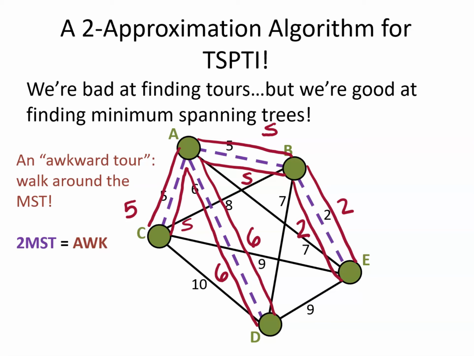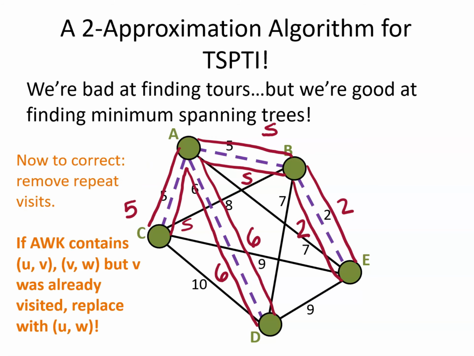Next, what we're going to do is correct our tour. That is, we're going to go around the tour that we've created, and every single time we're going to visit a vertex that we've already visited, we're going to replace the edge that would have done that with an edge that will go to the next vertex in the tour instead.